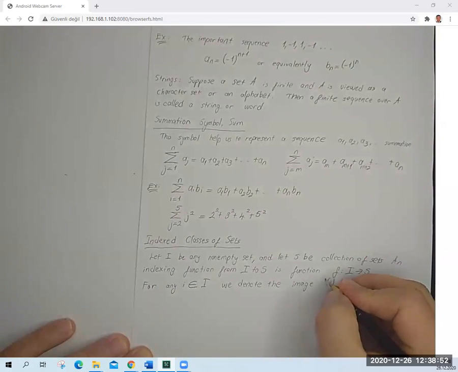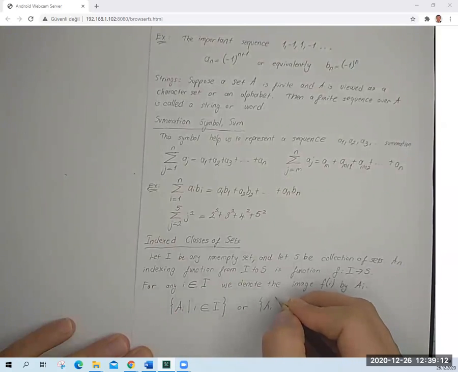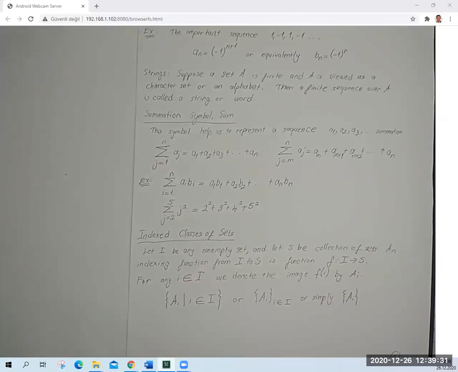I'm correcting my f, and then we can write a sub i, where i is a member or element of I, and basically, simplified, just A_i. Okay.